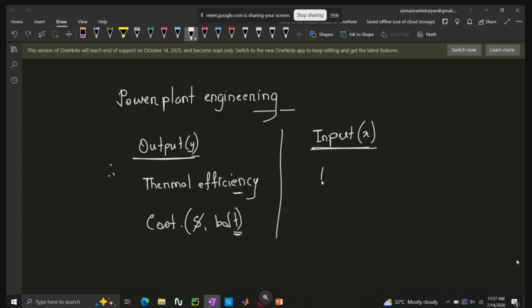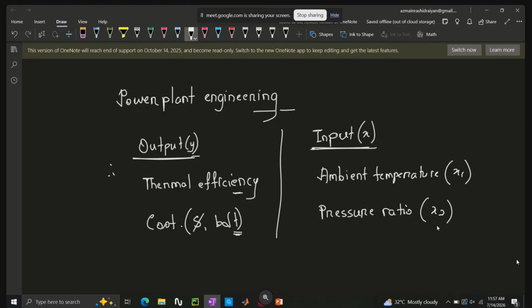My input parameters can be anything. Let's say the ambient temperature, which we write as X1. Then it can be pressure ratio, written as X2.